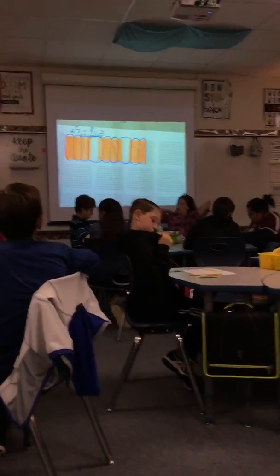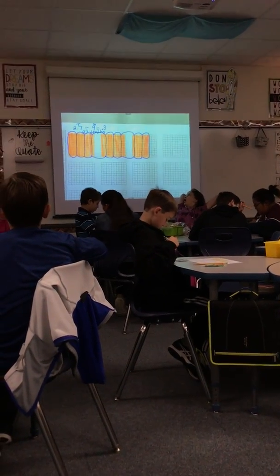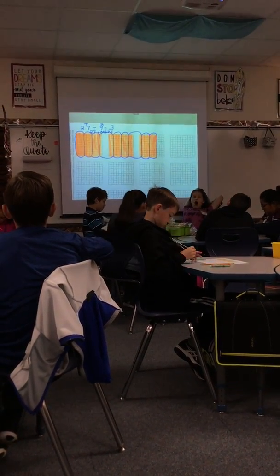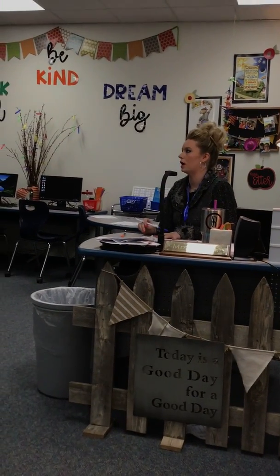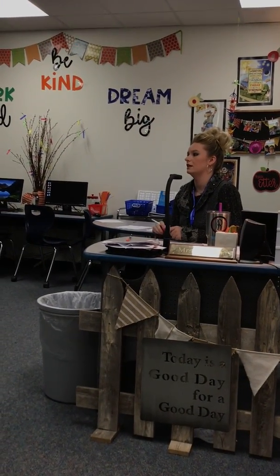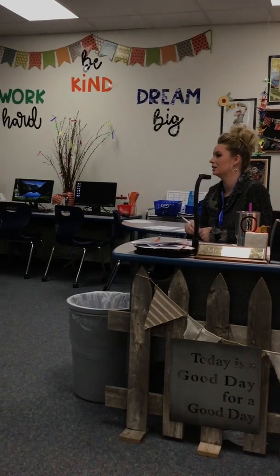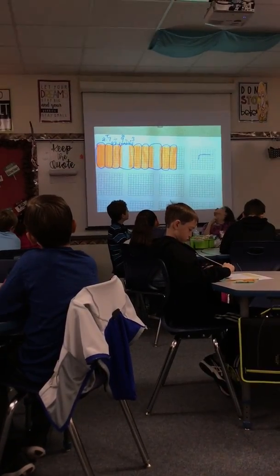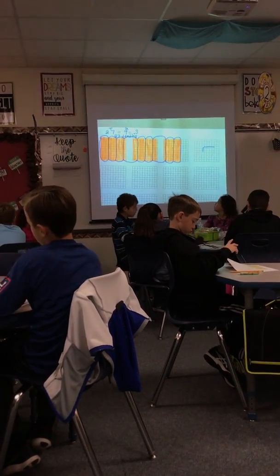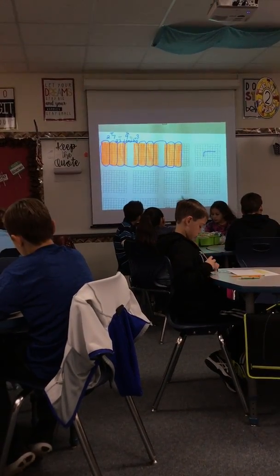Okay, so when we were talking about our dividends and divisors, what goes on the inside of our division problems? Dividend goes on our inside, and divisor goes on the outside.